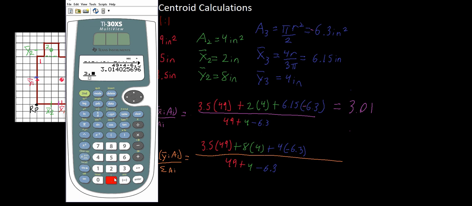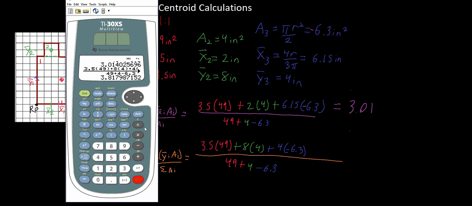We'll say 3.5 times 49 plus 8 times 4 plus 4 times negative 6.3. I'm going to make sure I hit the negative button, 6.3. And then on bottom, we'll just say 49 plus 4 minus 6.3.